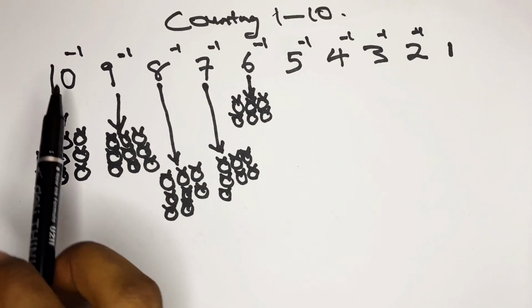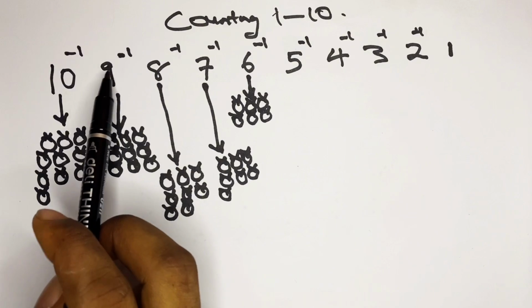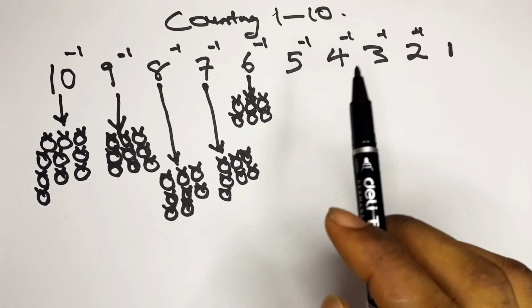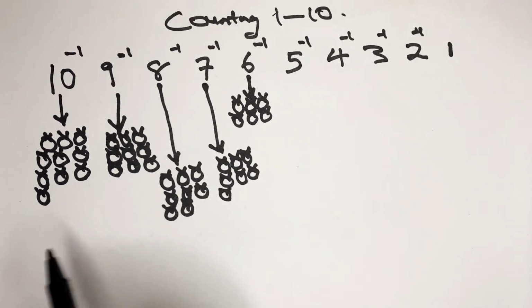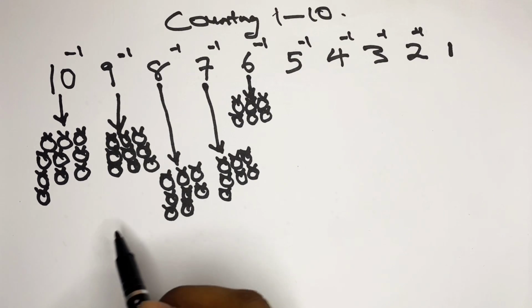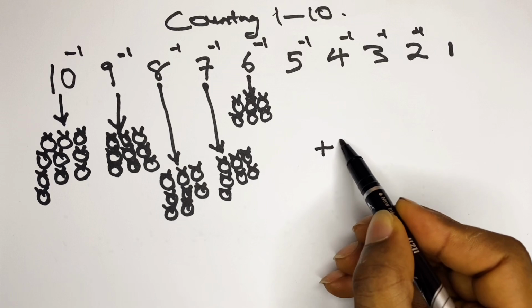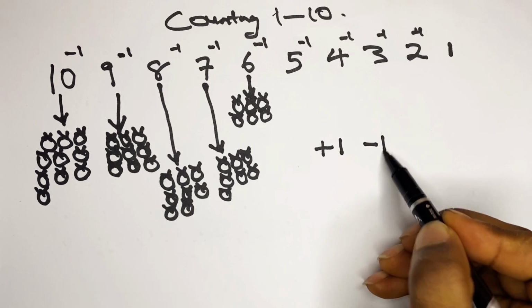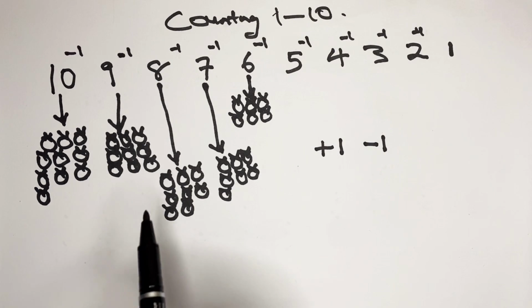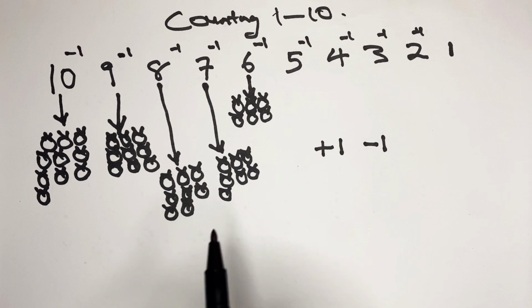Each time we go from a bigger number to a smaller number, we minus 1. This simple idea of minusing 1 is the beginning of subtraction. Addition and subtraction are built on this simple rule of adding 1 and subtracting 1. That's why counting from 1 to 10 is the basics.